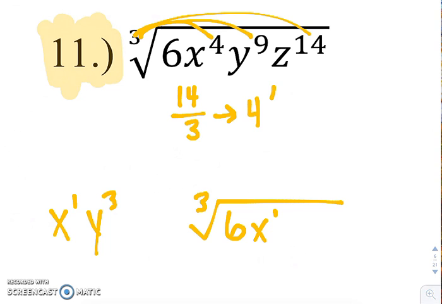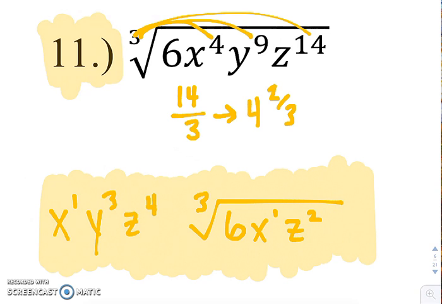It's 12, which means there would be 2 guys left underneath the radical, but we're going to have z to the 4th outside. And again, you don't have to write that exponent of 1 if you don't want to. It does not matter, but it is not wrong to put it there.